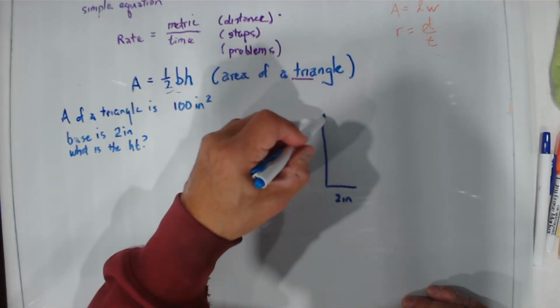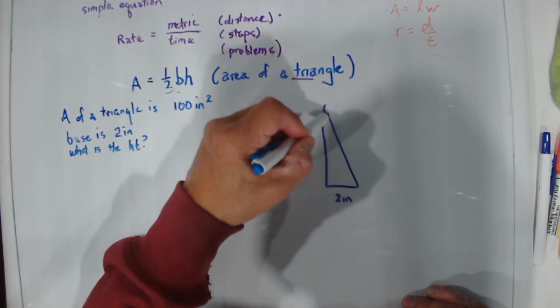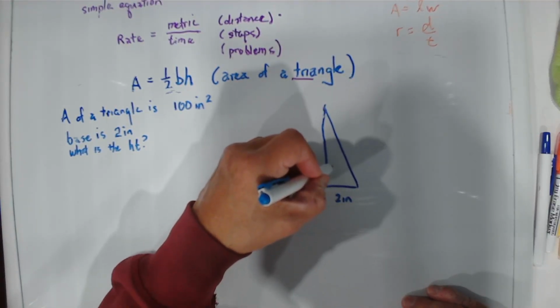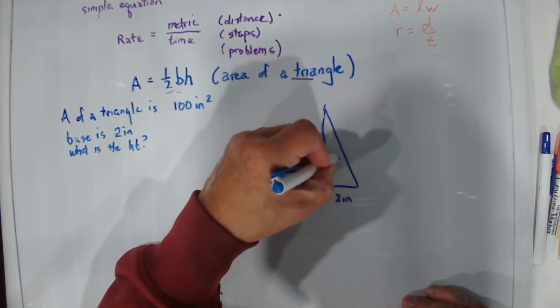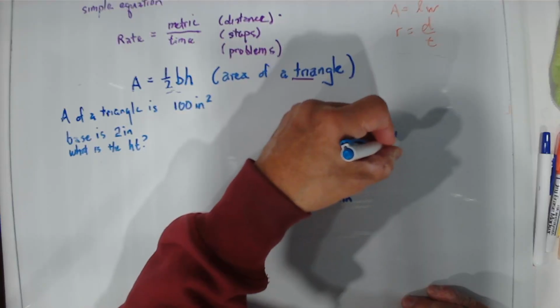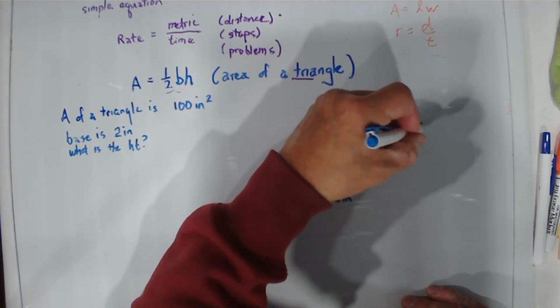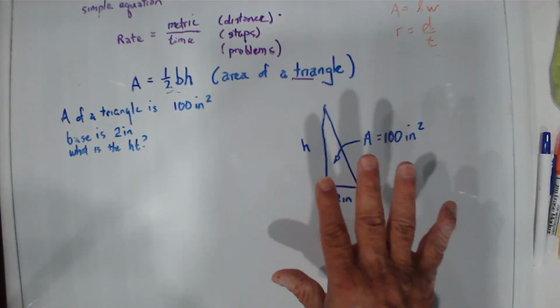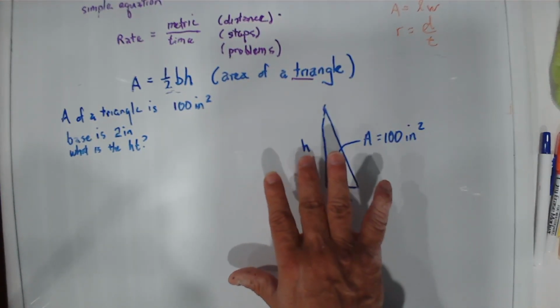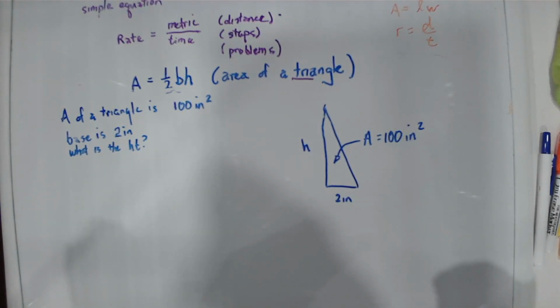So I know that the height is going to have to be something pretty big because I know the area is equal to 100 inches squared. Okay, so now we intuitively know that we need to end up with a big H.